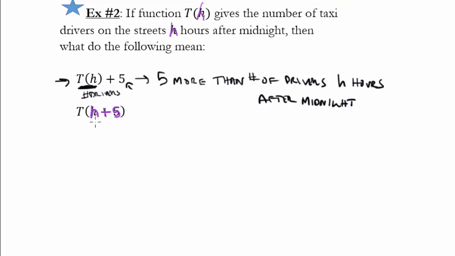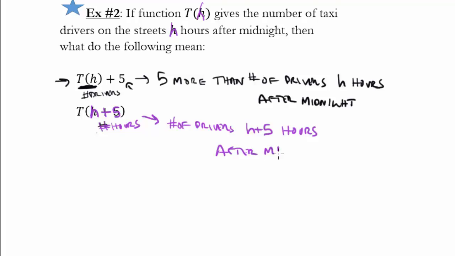After midnight, right? So this right here is telling us a number of hours, as opposed to T of h telling us the number of drivers. So here, this input is telling us the number of hours. So T of this input is another way of saying that this is the number of drivers on the street h plus 5 hours after midnight, okay?